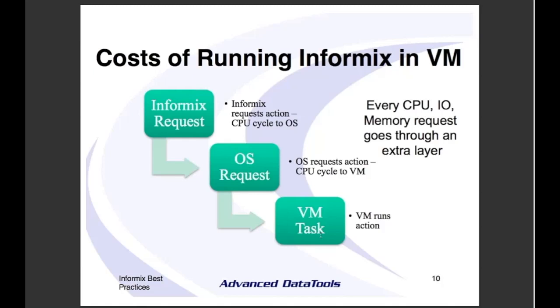And the virtual machine task manager has to stop what it's doing and respond to that request. And so if the virtual machine task manager is busy, you may have a slight delay in the response. So every CPU, memory, I/O request is going to go through an extra layer when you run in a virtual environment. That's the cost of the easier to manage, which is the benefit of running in a virtual machine.